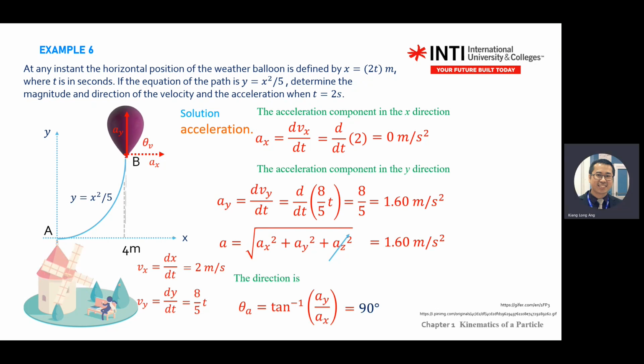You only have one magnitude going up. So it's 90 degrees from the horizontal axis. When you mention 90 degrees, it must be from somewhere, from a reference point. It cannot stop at that statement. 90 degrees from where? From the horizontal axis. Okay.